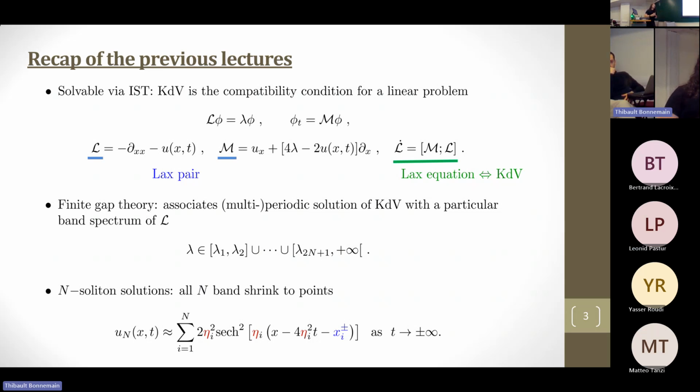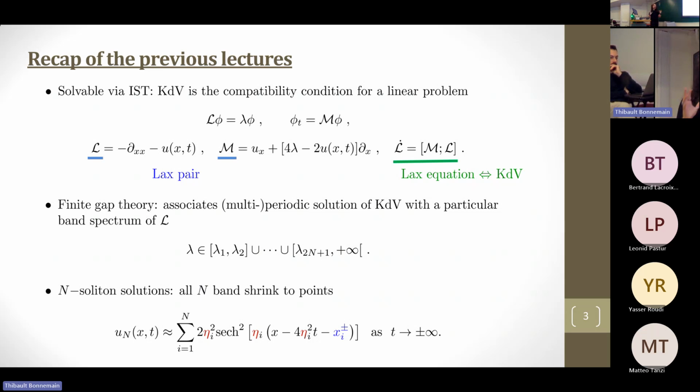And the other thing is that, as you can see here, those n-Soliton solutions asymptotically decompose into trains of well-separated solitons that you can clearly identify and that all move at constant speed. So in a way, asymptotically, you can map this kind of solution onto a system of free particles. And that's the basic idea we use to define a Soliton gas later on.